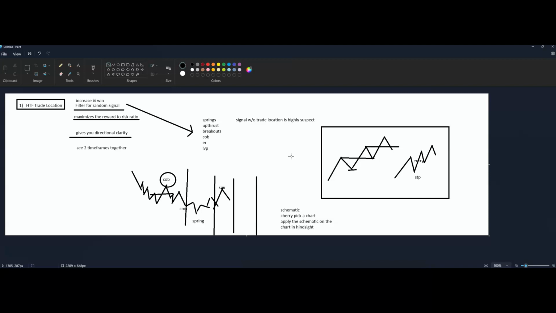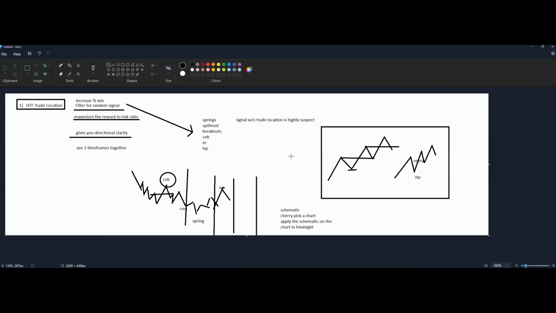Okay. If you're not getting the trade location right and using at least two time frames to really understand how trade location is done, because there are ways to do it correctly. All right.